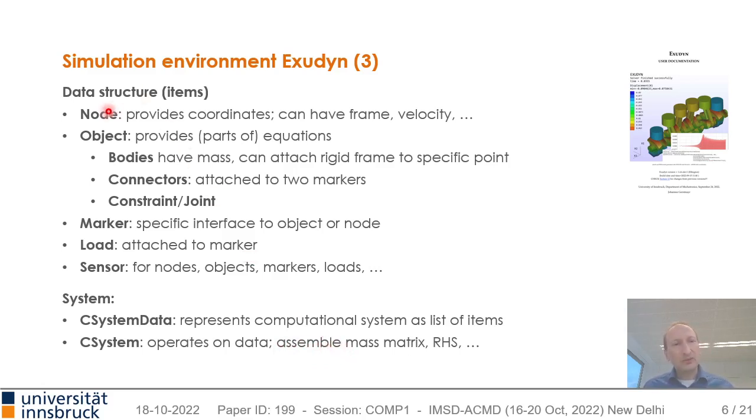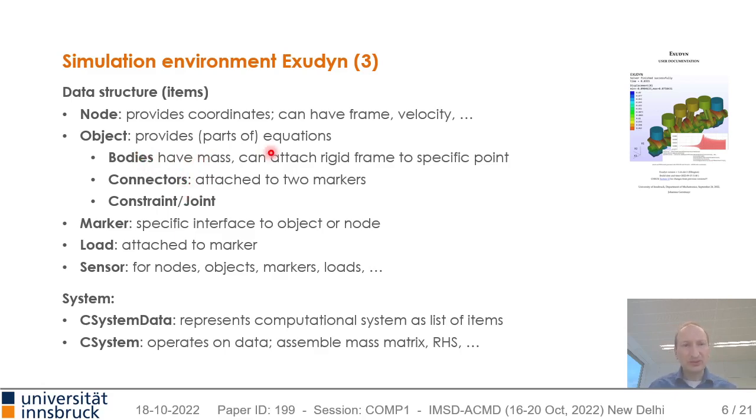It operates on items, and these items are just simple lists of nodes that provide the coordinates, objects that provide the equations, markers that are the interfaces between objects, nodes, loads and joints, and in the end we can apply loads and attach sensors. The objects are very specific and are distinguished into bodies that have mass, or connectors and joints that can be attached to markers.